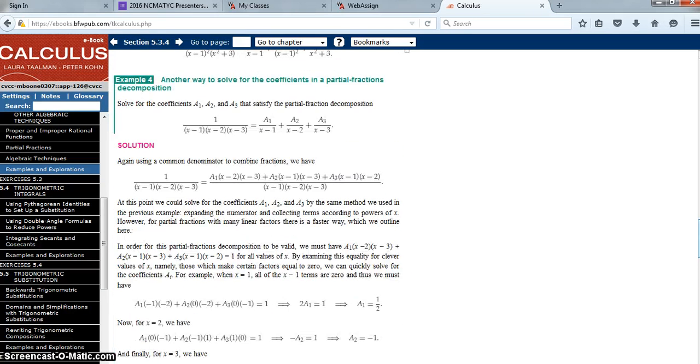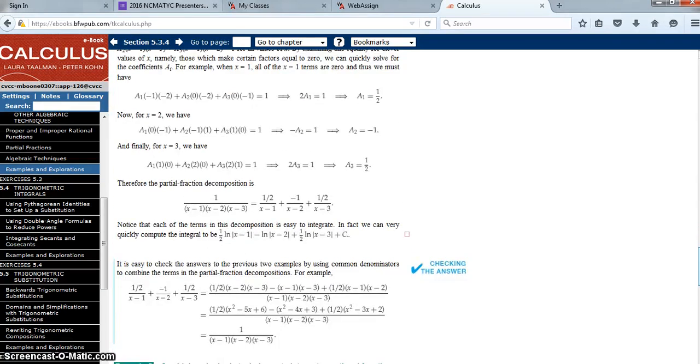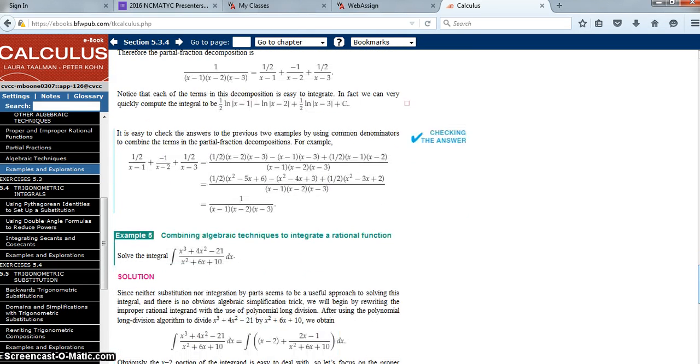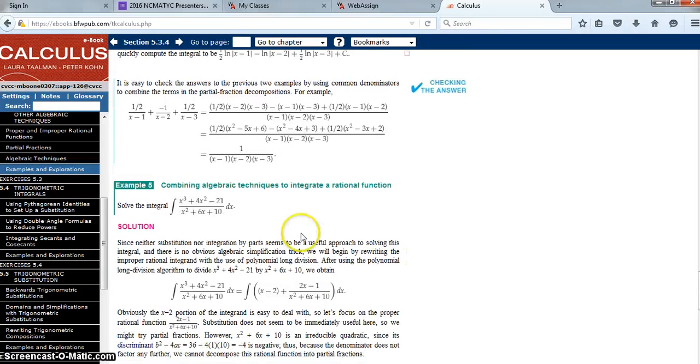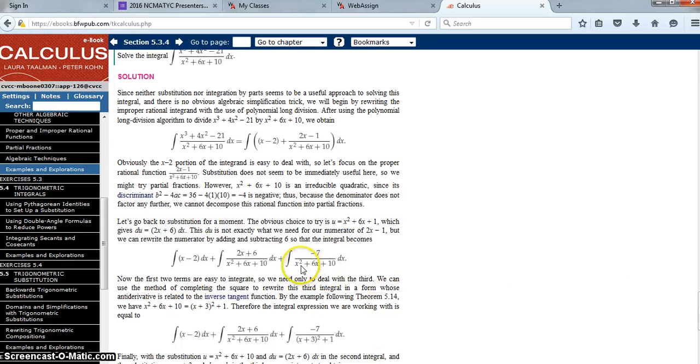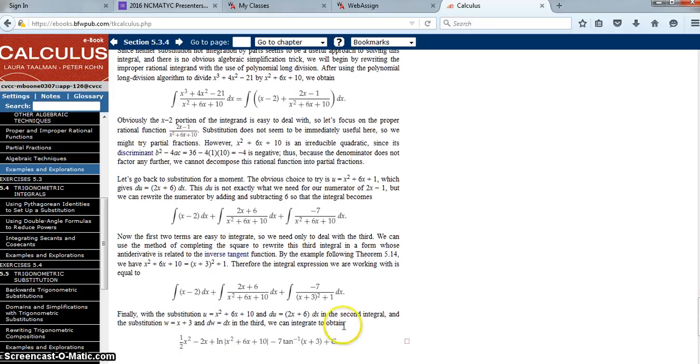So in the text they talk about completing the square and the process of completing the square. And so we'll look at an example. I think I had something similar to this, where we're going to end up with something that we don't know how to integrate. So we're going to have to use a different technique. The technique that they use, maybe the only technique, is completing the square.